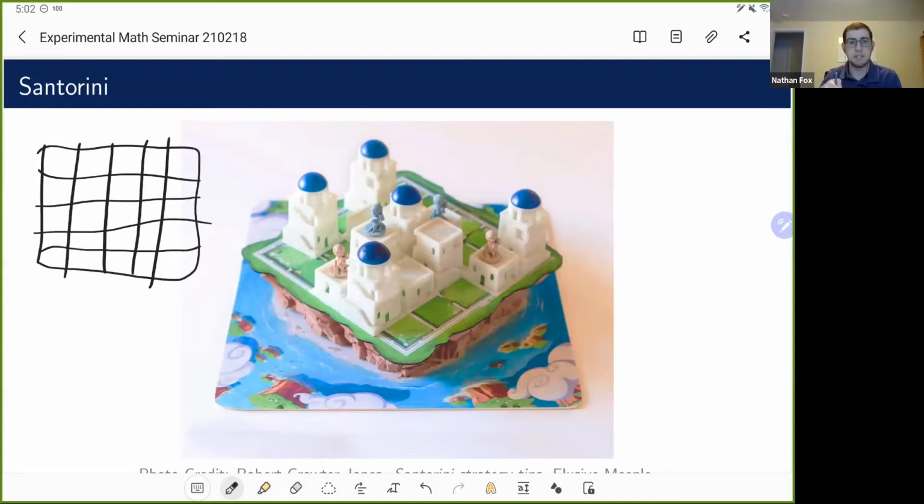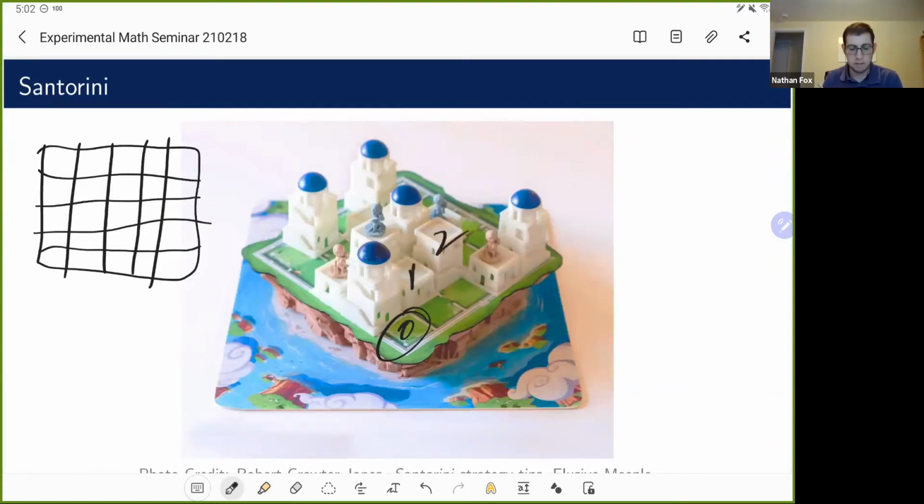And this position that's being shown here is not the starting position. This is a game in progress. At the start, all the squares look like this, where it's just a green thing with nothing on it. We're going to call squares with nothing on them squares with height 0. And then there are buildings that you can put on the squares. This one has 1 building on it, so it has height 1.